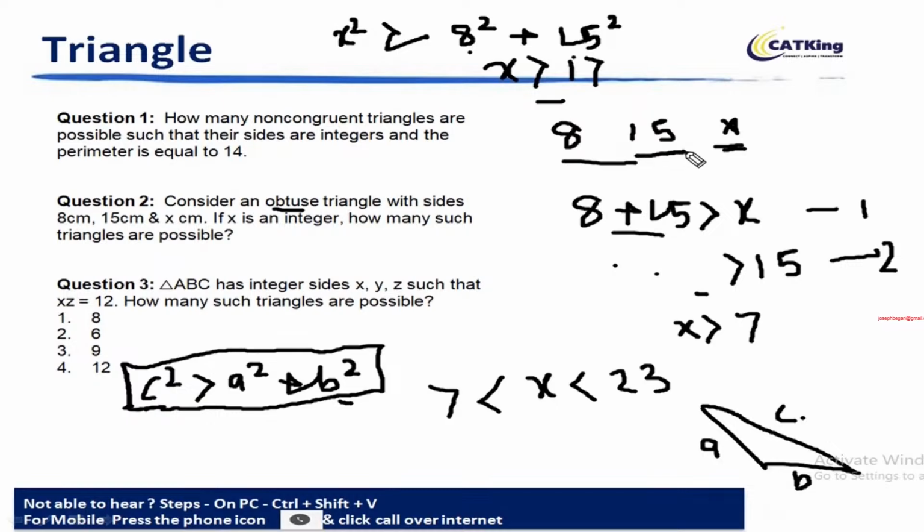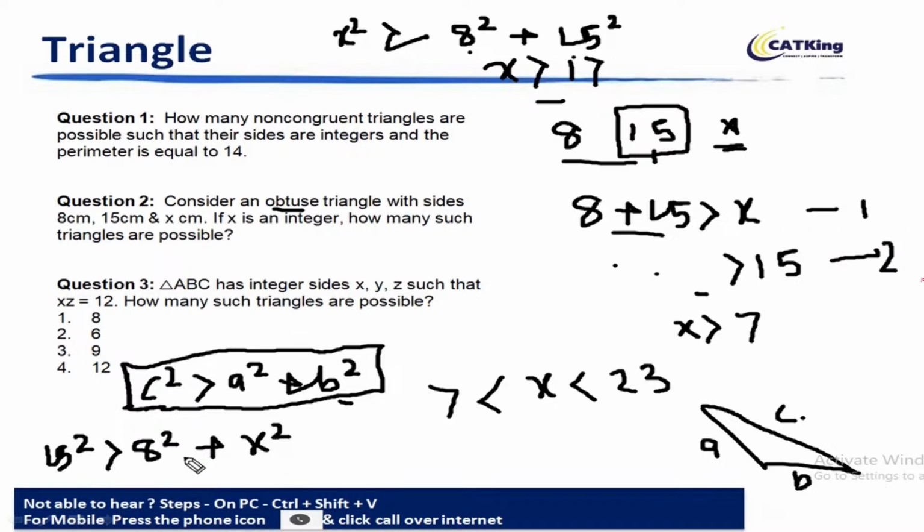What if the largest side is 15? In that case, 15 square must be greater than 8 square plus x square.